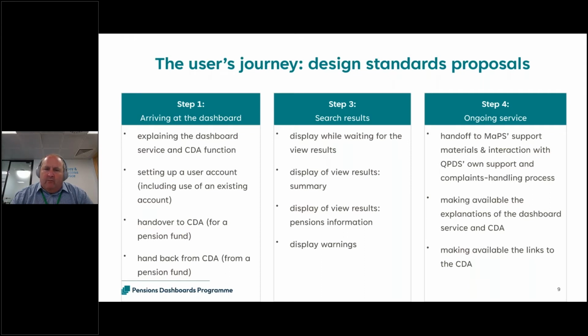What to show while we're waiting for the view results, because they might not all be instantaneous. So what should you do there? How you might display the view results in summary, how you might display the view results in more detail, displaying important warnings. And then lastly, in step 4, where else do you go? So hand off into other materials, hand off into other processes, and making any other available links if they need further help.